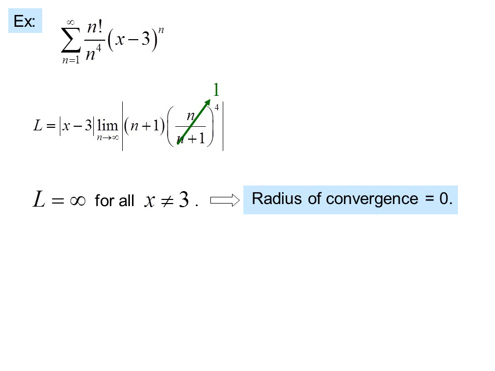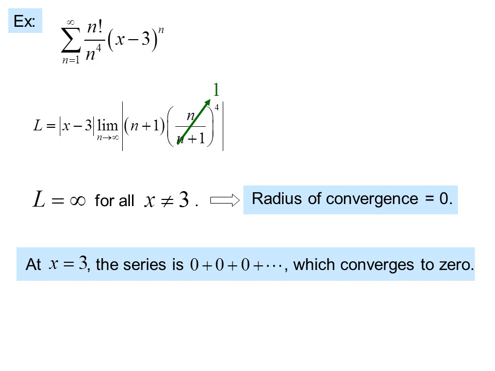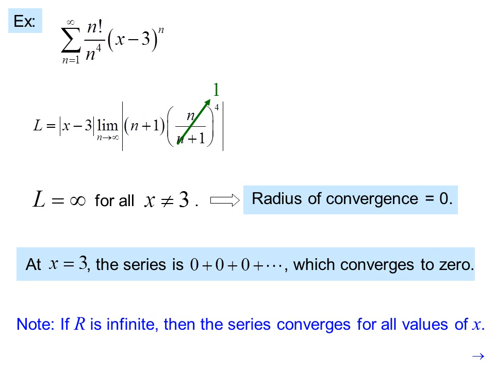The radius of convergence is 0. At x equals 3, the series is 0 plus 0 plus 0, which converges to 0. Note, if r is infinite, then the series converges for all values of x, except in this case, x equals 3.